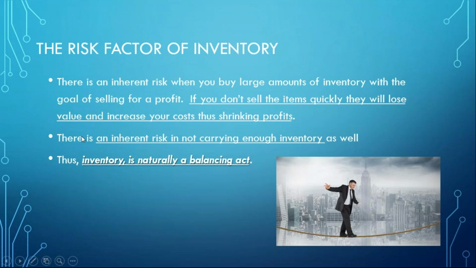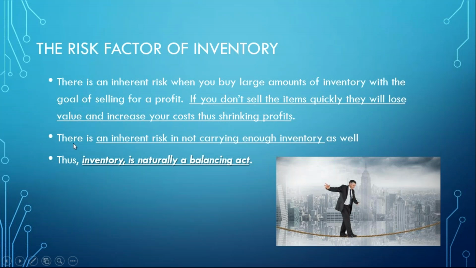Just inventory in general, in a business where you're carrying a lot of different items, like a community pharmacy, those items all have different order points, different on-hand amounts, and there are large amounts of dollars and quantity tied up. There's an inherent risk in carrying inventory: if you don't sell those items quickly enough, they'll lose value over time, cost you more, and shrink your profits.